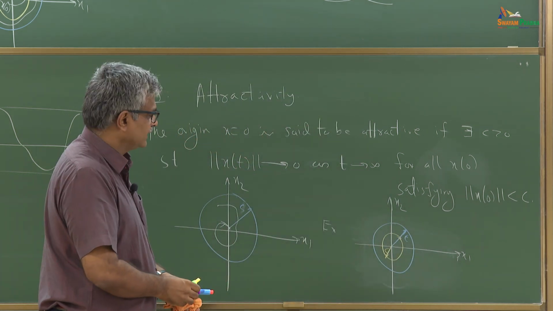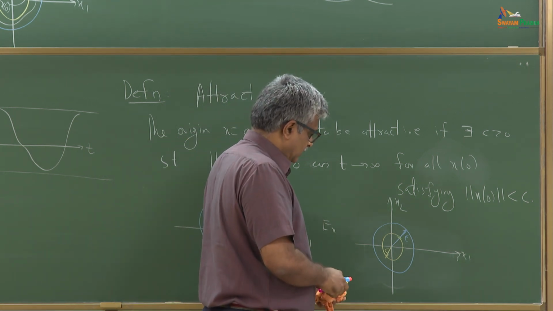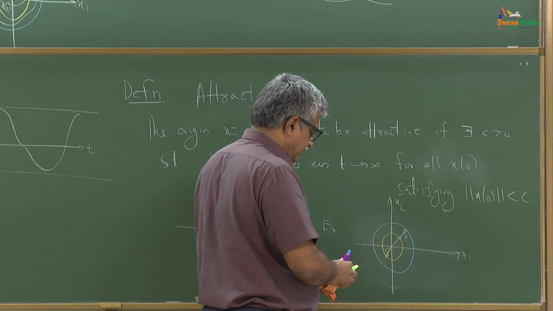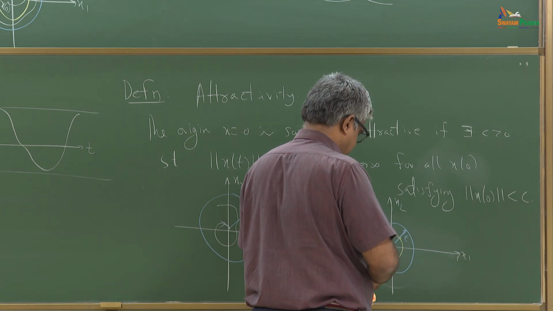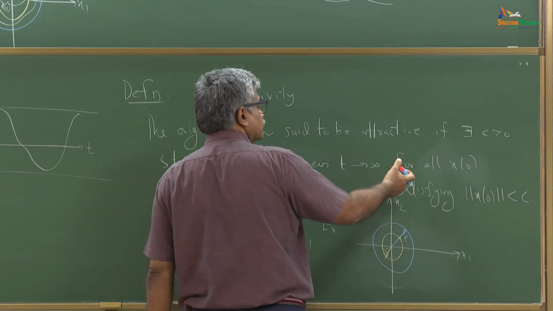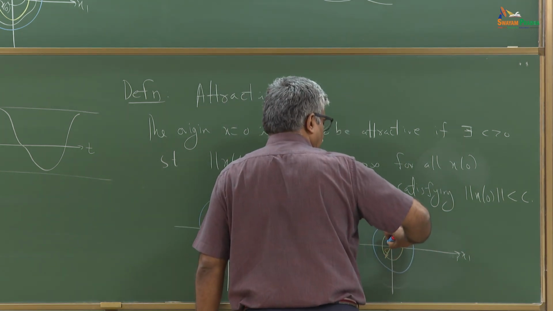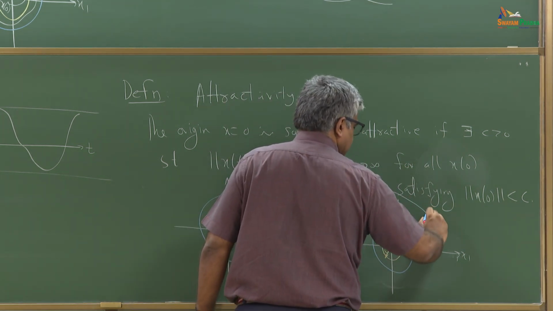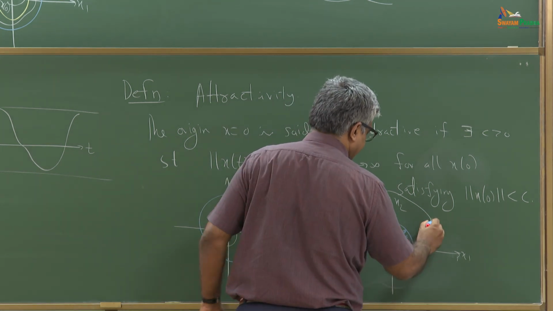C is for the initial condition, epsilon is for the solution. And what could happen? In this definition there is no trapping condition. So I'll start from this C ball, wander off, have tea, everything, and then come back.